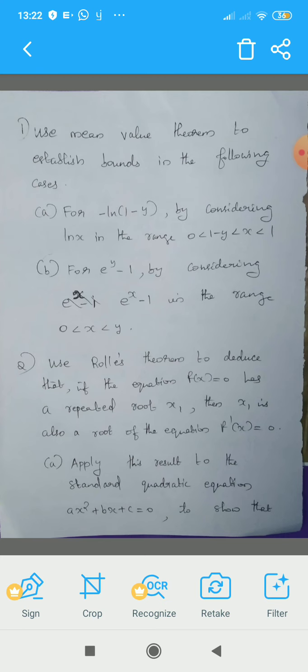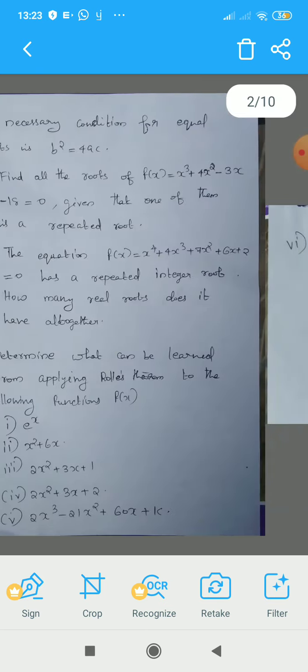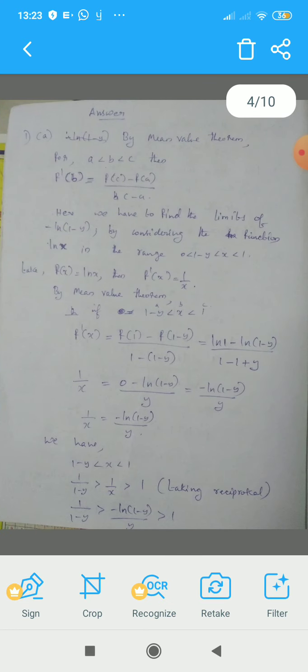So first we have to start with the function log x and apply mean value theorem on it. Then we can establish the bounds of the function minus log 1 minus y. This way we can solve this problem.